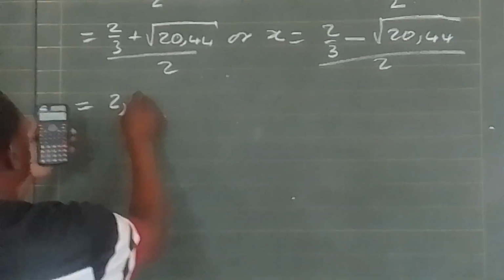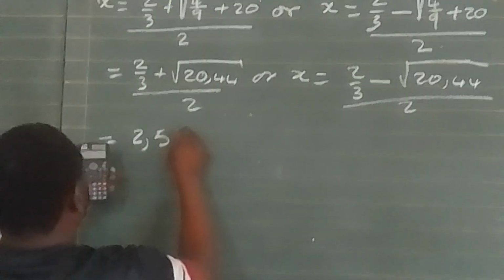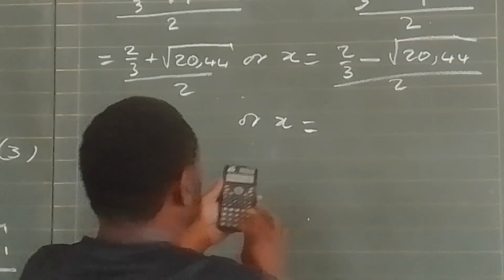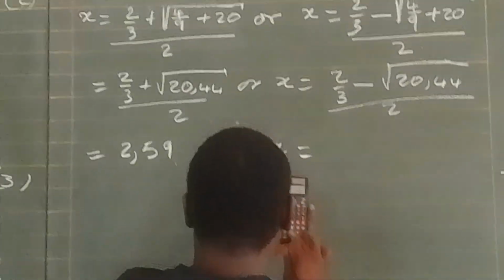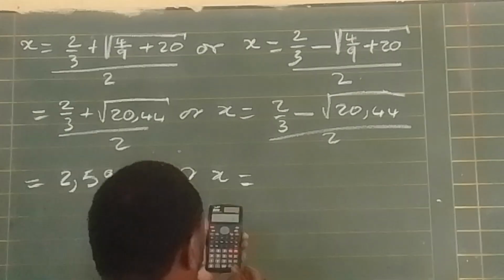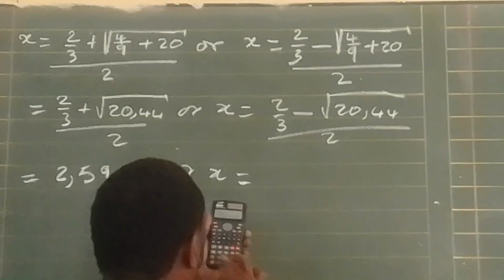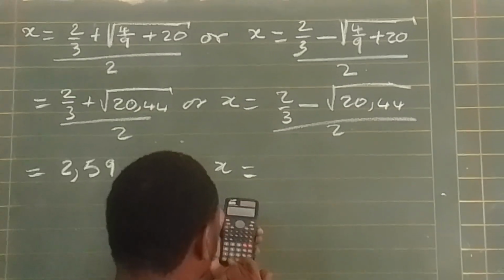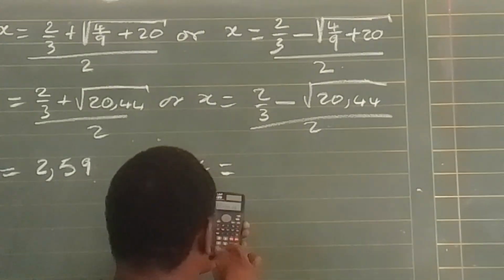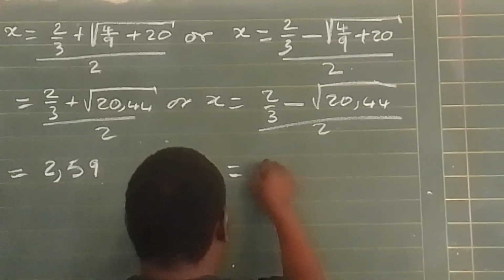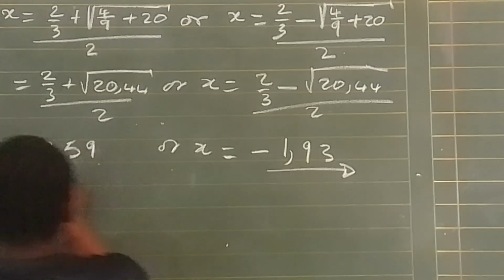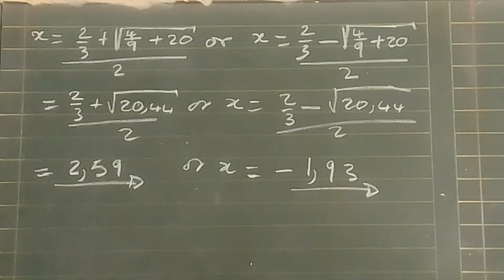This is 2.59, or x is equals to 2/3 minus the square root of 20.44. We divide that by 2 to get a minus 1.93. This is a possible answer that you can get.